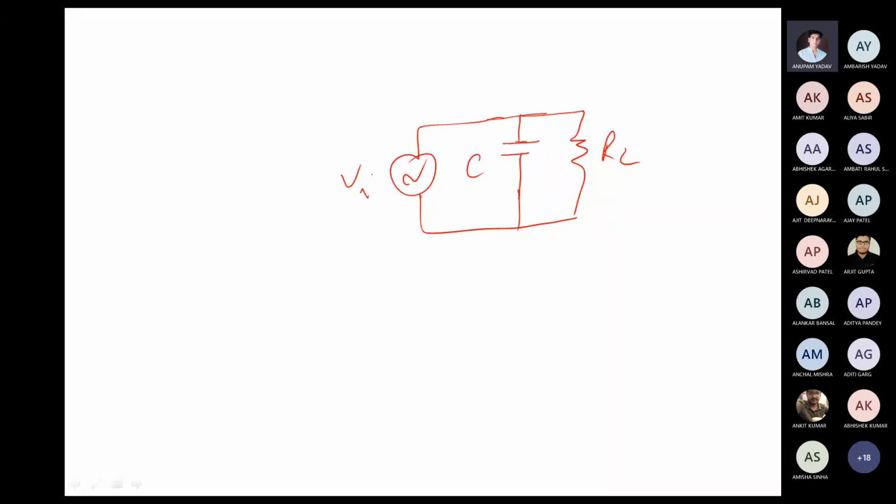Now the amount of impedance due to this is 1 upon omega C. So if omega is equal to 0, then this is going to be infinite. Infinite means open circuit.